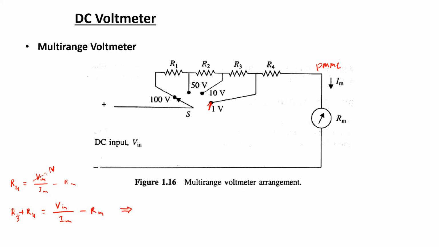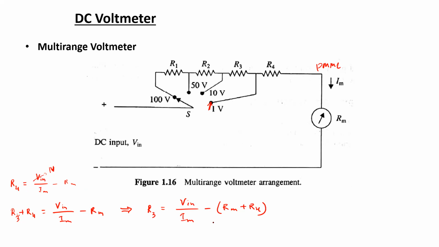Later on, as the value of R4 is already determined in the previous stage, now the value of R3 can be determined by taking the value of R4 on the right hand side for calculation purpose, and it can be written in this format.